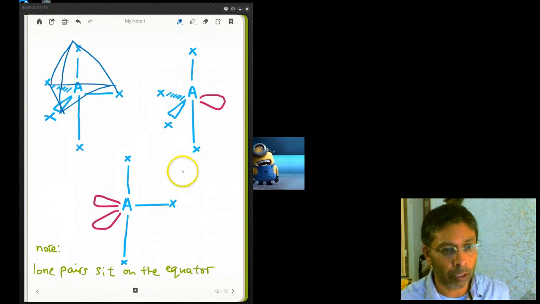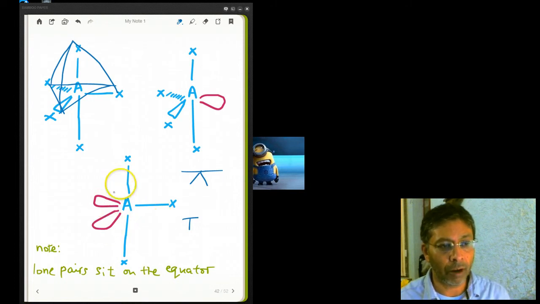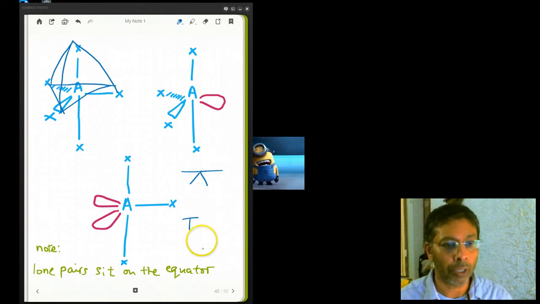Can you see that's a seesaw? This one is a T shape. But they have to have 5 electron regions to have a trigonal bipyramid, a seesaw, or a T shape.